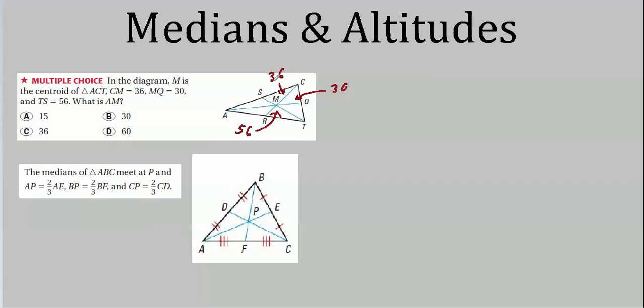I have a feeling that a lot of these numbers are just red herrings, just there to confuse us. All they asked for is AM. It would be on this median here. AQ is the whole median. Well, remember, we know from down here that AM is 2/3 of AQ. Or conversely, MQ is 1/3 of AQ.